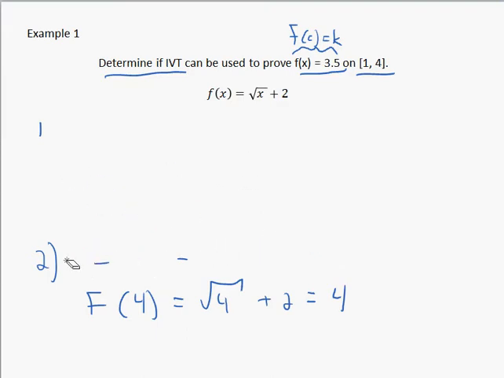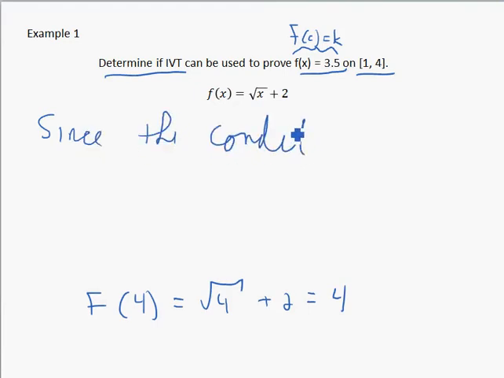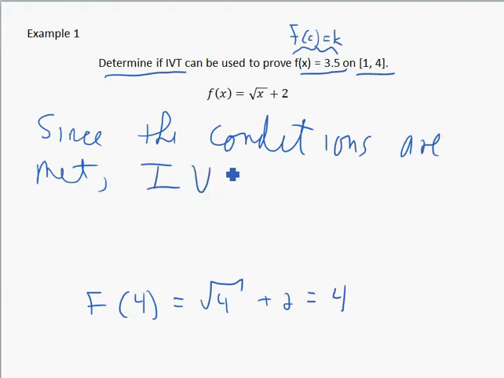So, since the conditions are met, and that's what we just checked, IVT applies, or holds. Sometimes they'll say it holds. Same thing. IVT applies here, and f of c or f of x, whatever.